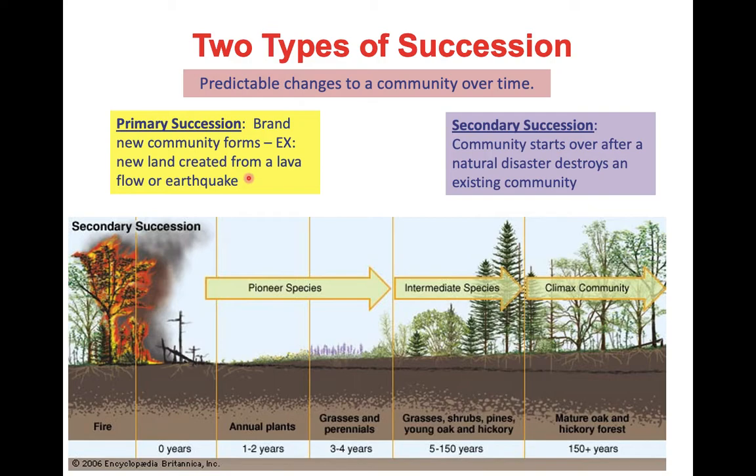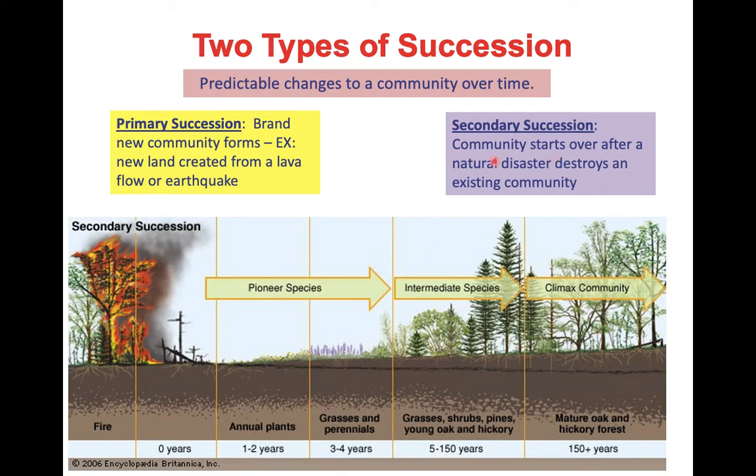What's going to happen? You start with pioneer species, mosses and lichens, then grasses and perennials, then intermediate species, and then your climax community. For primary succession, you start completely barren. There was nothing there, so you start around here.